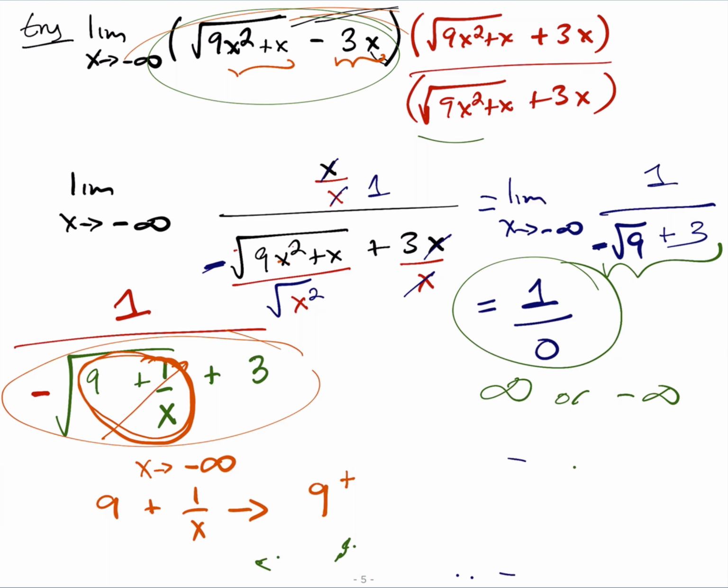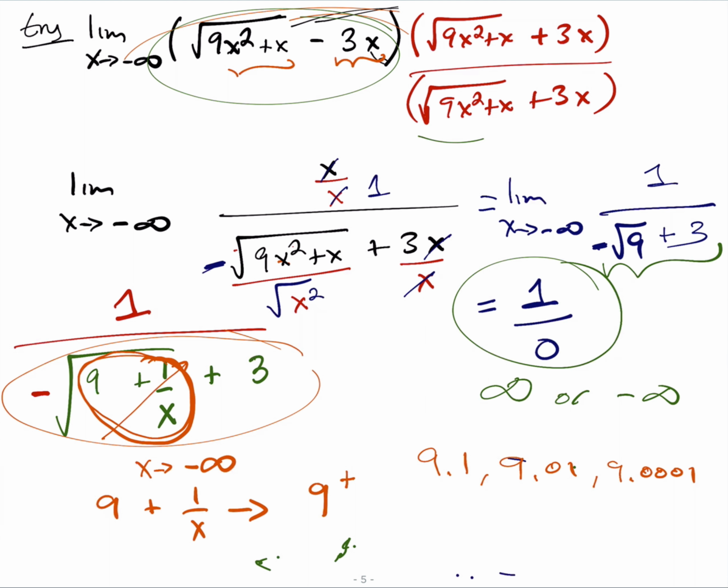Okay, so can I do that, for example? To say, okay, well, 9 plus 1 over x, so that's approaching 9 from numbers that are, like, are you guys saying that this is going to look like 9.1, 9.01, 9.0001, that kind of thing? Is that true or false? Wouldn't it be less than? Well, it's got to be one of the two. Which one is it? Well, if it's negative infinity, wouldn't it be less than? So we'd be approaching from the left.